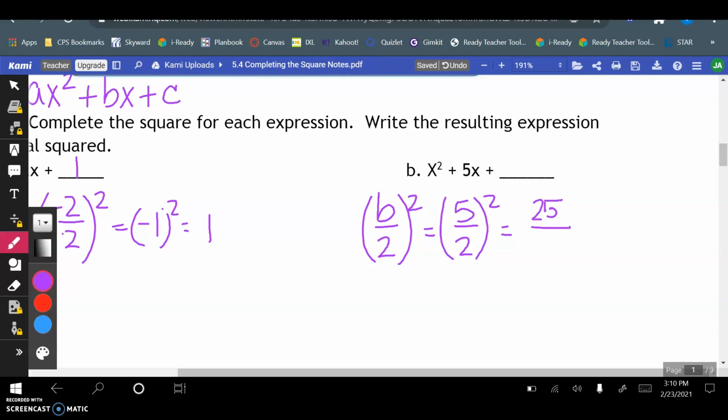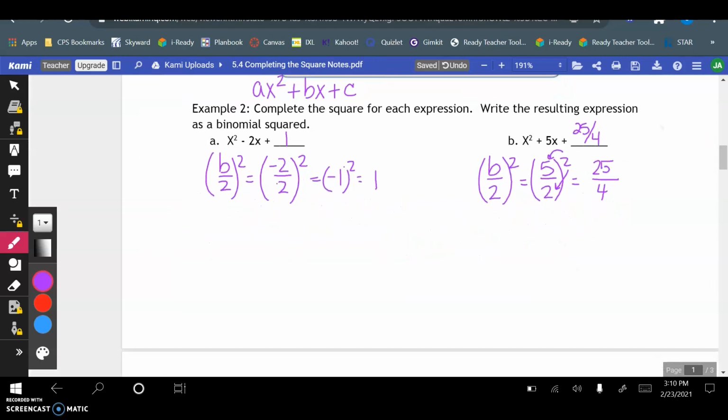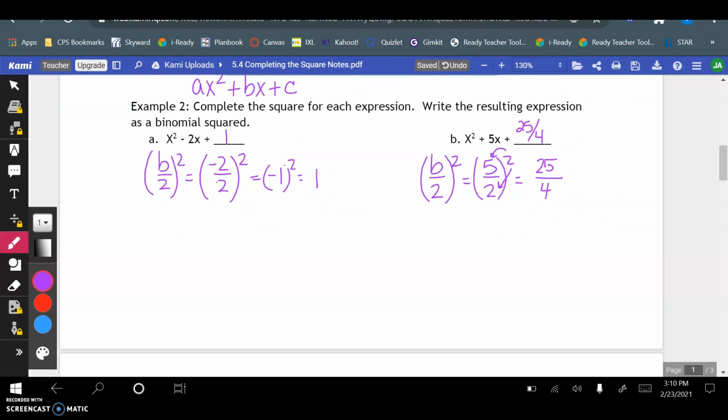And 2 squared on the bottom would be 4. So that squared gets to go to both numbers. And then we are going to leave that as 25 over 4. And you'll find out tomorrow or the next day why we want to leave that as an improper fraction. So those are the two things that we're going to focus on for today.